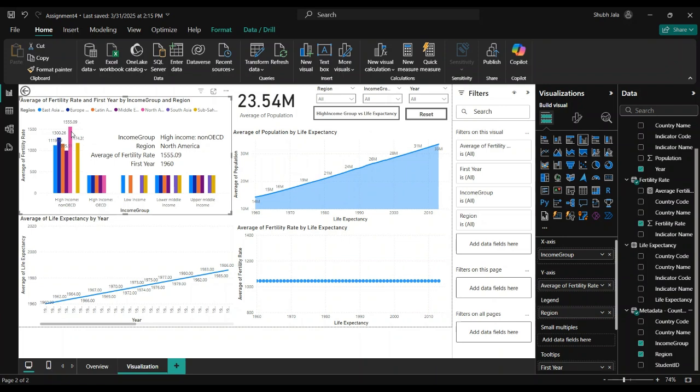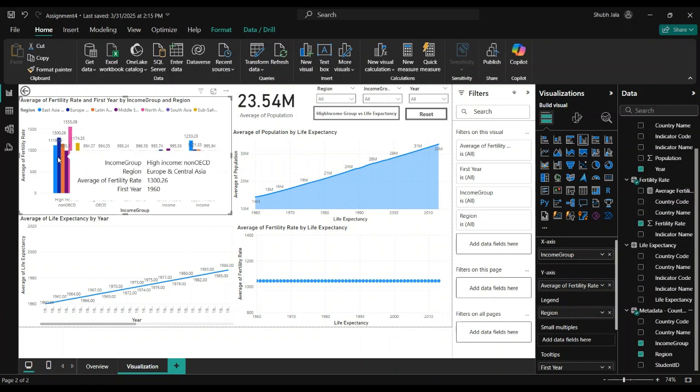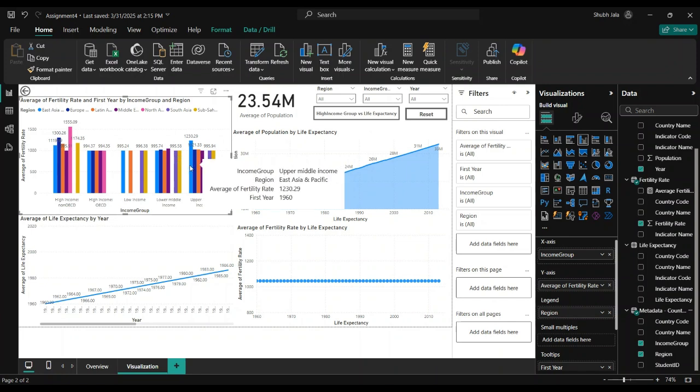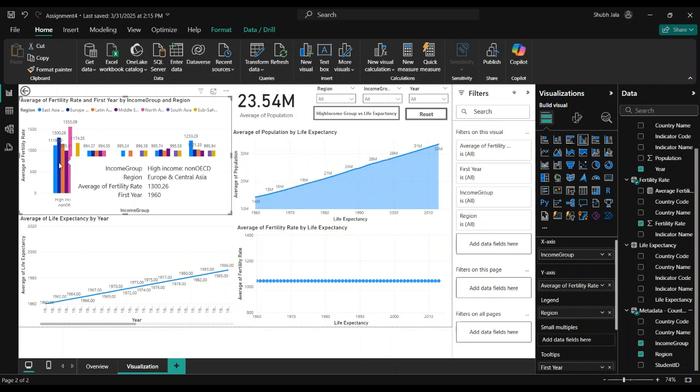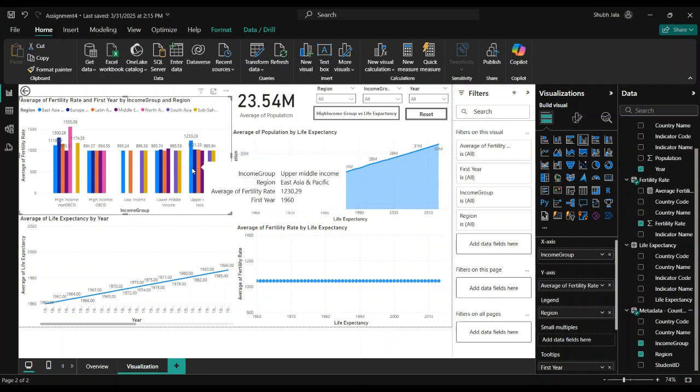The second highest is Europe and Central Asia, whereas the average fertility rate is 1300 in the first year, the same 1960. The third highest fertility average is 1230, again in 1960, from East Asia and Pacific.